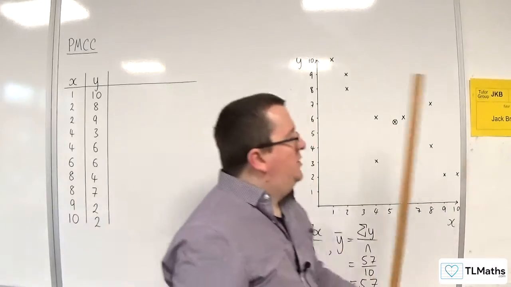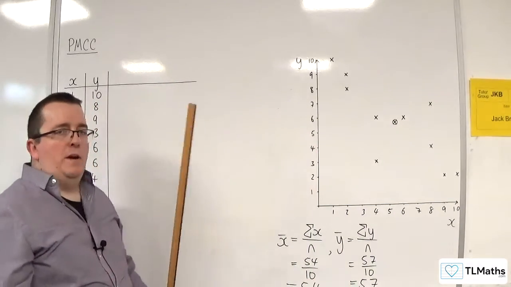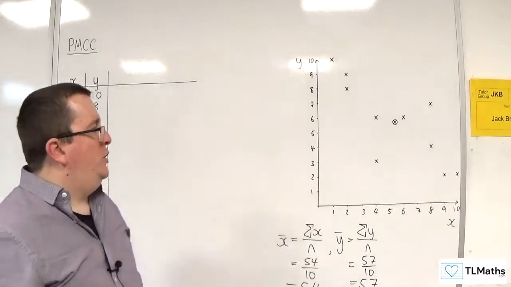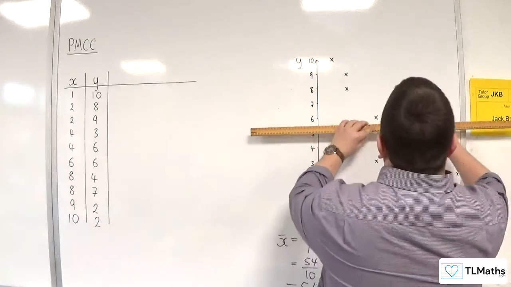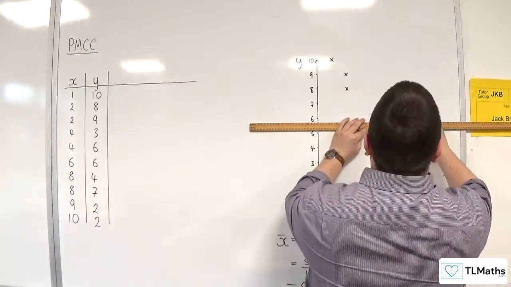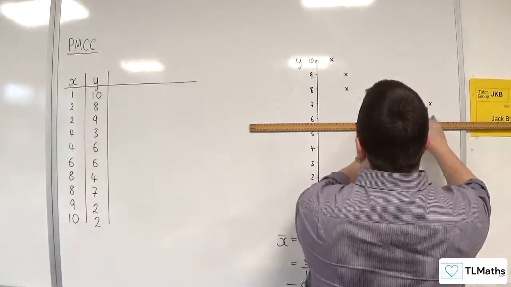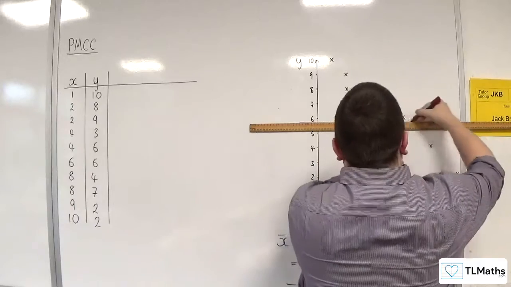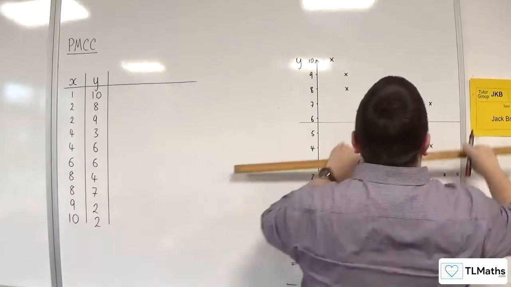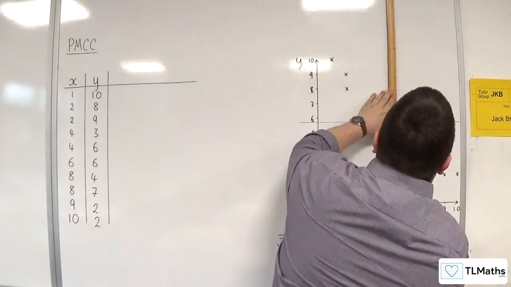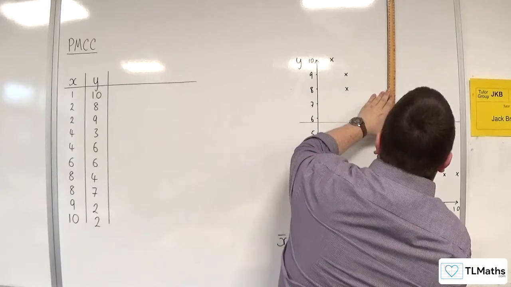And I am going to now divide my graph up into 4 regions. So I'm going to draw a horizontal line through that mean point, like so, and I'm going to draw a vertical line through that mean point as well.